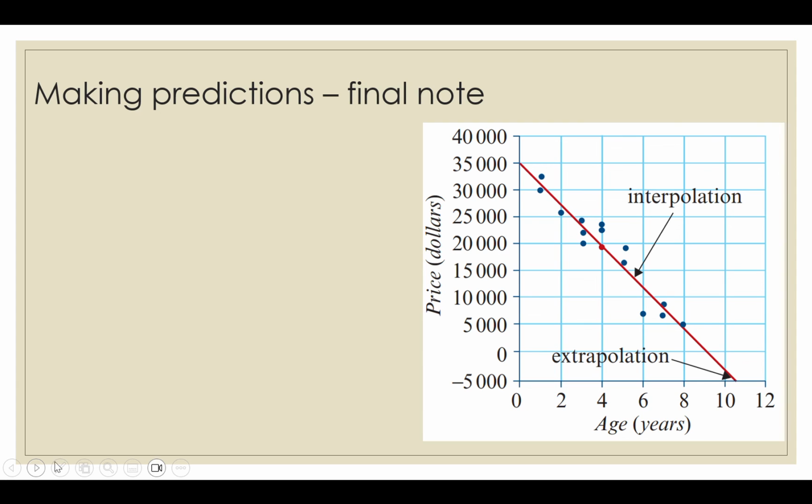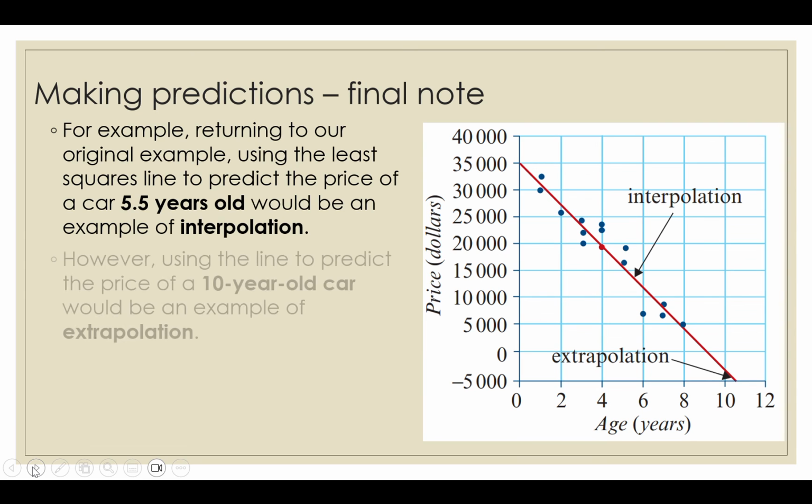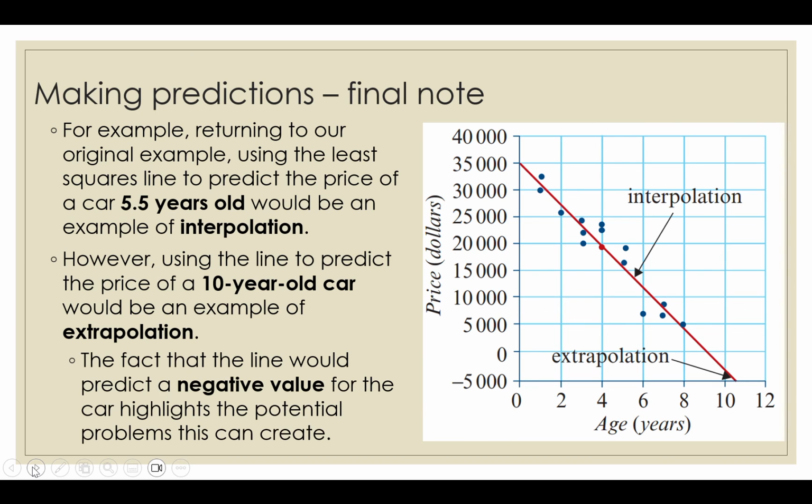Extrapolation for that example might be when the age of the car is 10 years old. The extrapolation at 10 years old would be much less reliable in comparison to 5.5 years old. In fact, it would give you a negative value, which means that it's not possible at all.